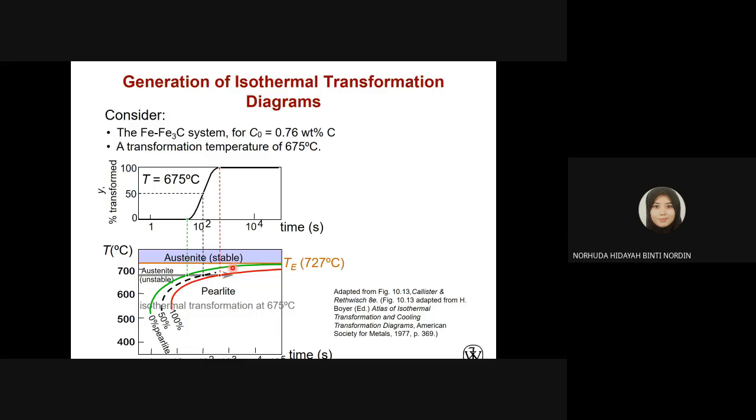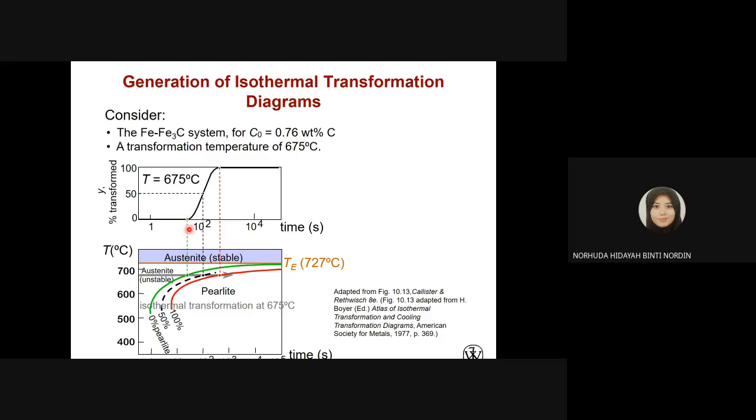And we call this one the nose of the graph. It looks like a nose, right?